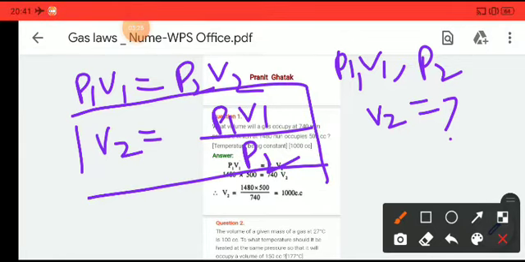From that equation we can easily derive the value of V2 by putting in the values of P1, V1 and P2. So at first derive this kind of equation, and then by putting the values you can easily find the value of the requisite parameter.